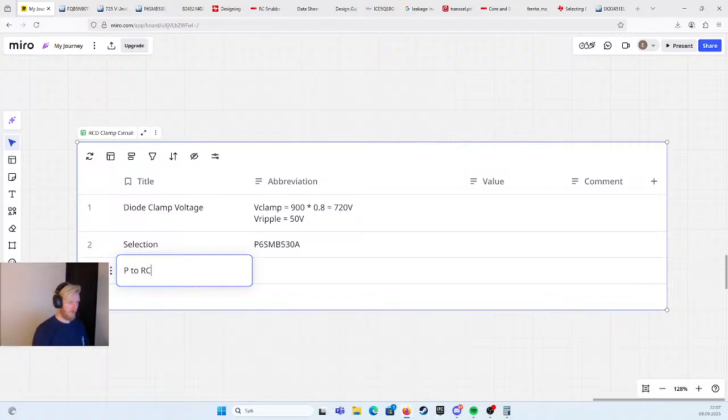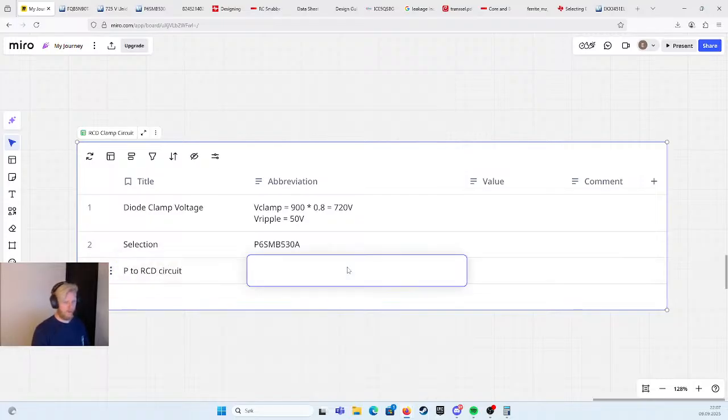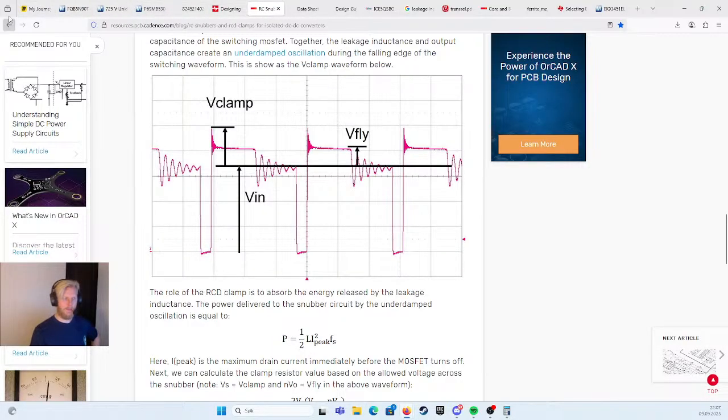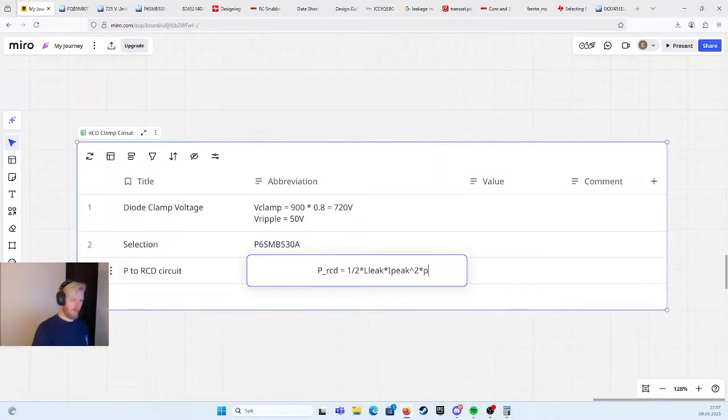Power to RCD circuit is P_RCD equal to 1/2 times L_leak times I_peak squared times the switching frequency, f_sw.